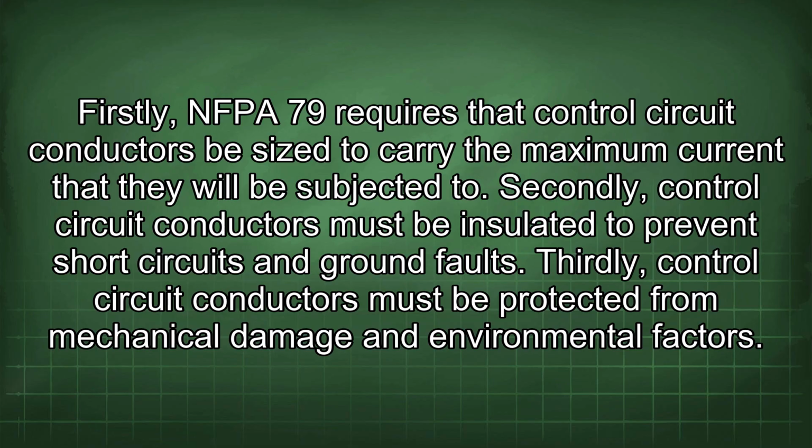Firstly, NFPA 79 requires that control circuit conductors be sized to carry the maximum current that they will be subjected to. Secondly, control circuit conductors must be insulated to prevent short circuits and ground faults. Thirdly, control circuit conductors must be protected from mechanical damage and environmental factors.